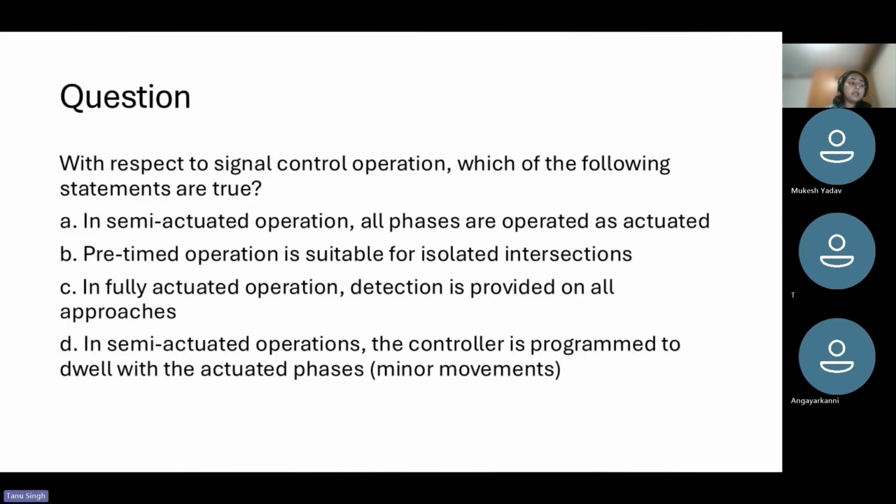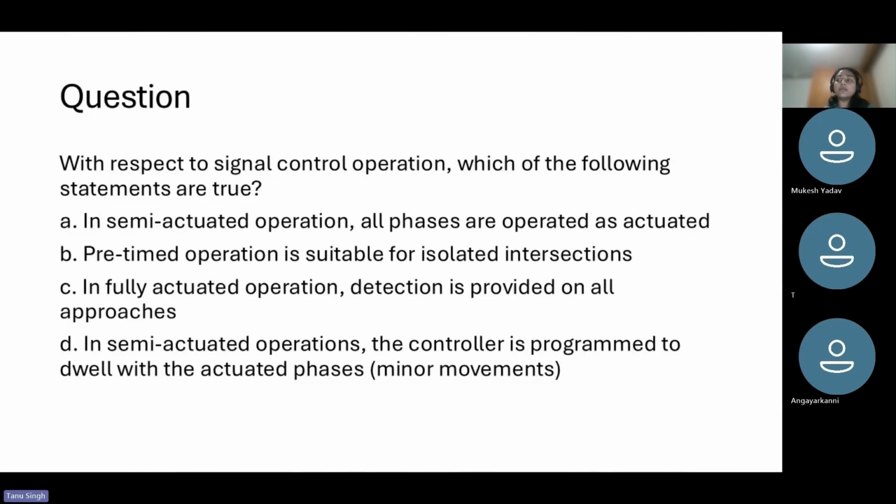The minor or actuated phase in semi-actuated operation does not dwell. It is served only when a vehicle call is present. The term dwell usually refers to holding green unnecessarily, which isn't how semi-actuated control operates.